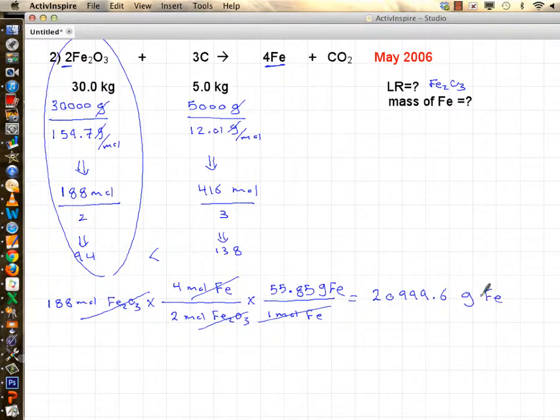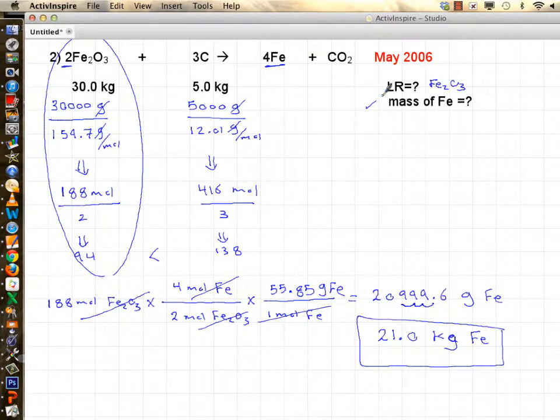They usually want it in kilograms, so I'm going to divide this by 1,000, 3 decimal places back, and round it up. So it's 21 kilograms of iron being produced. And that's your second question being answered. Until next tutorial.